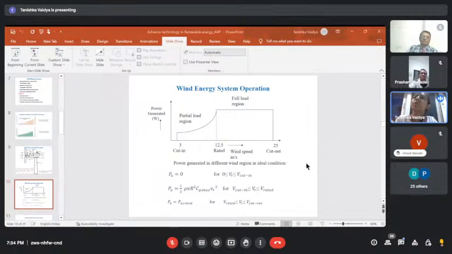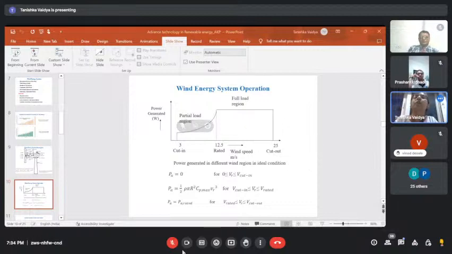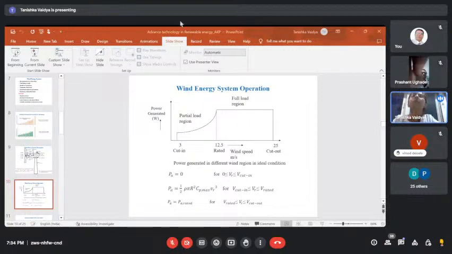And the loss from structural failure of the wind turbine is very huge. There are many other losses, but this could be one of the reasons that wind turbine failure could happen. So in partial load region, one controller is there, and in full load region a different controller is there.